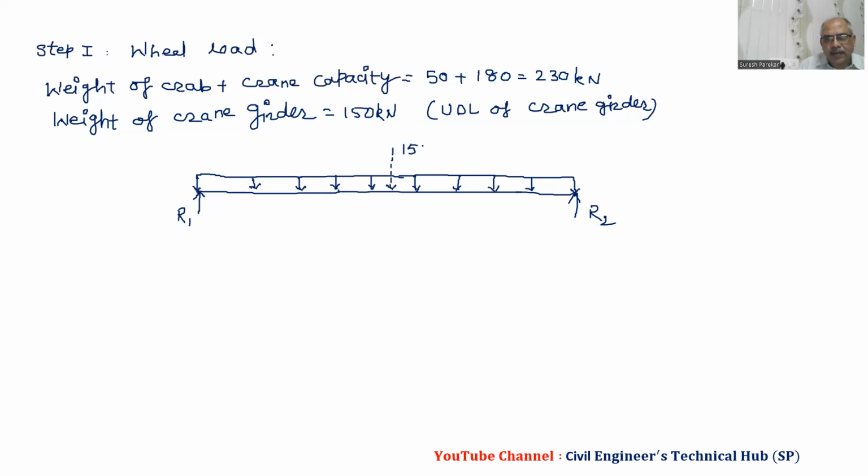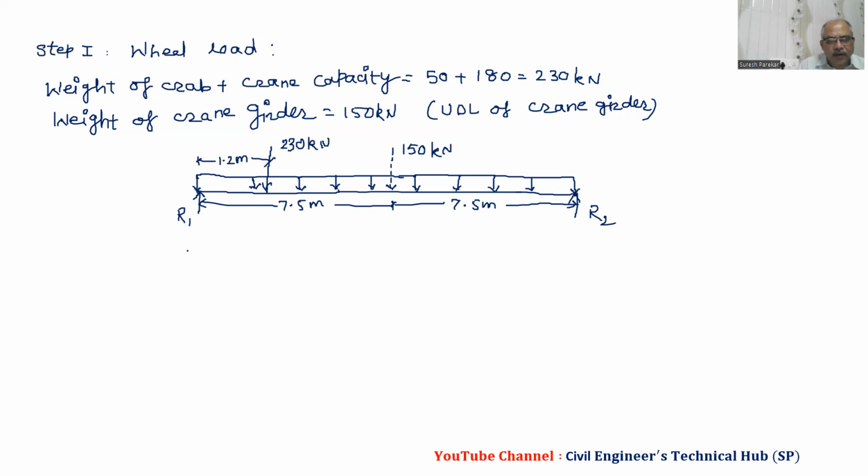So this will be self weight of crane girder 150 kilonewton. This will act at center, that is 7.5 meter from both sides. And then this 230 kilonewton will act at hook approach, which is 1.2 meters.